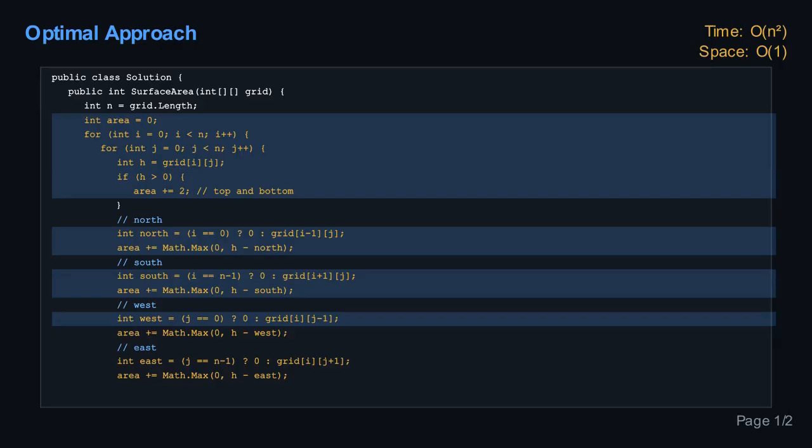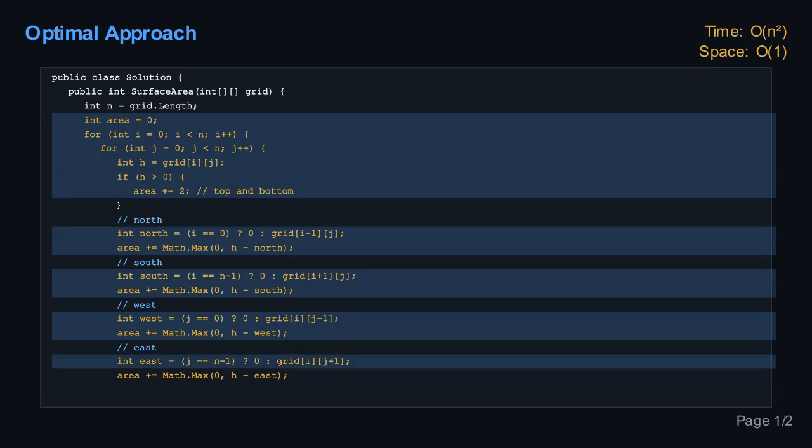We do the exact same logic for the south face. Check if i is the last row. If so, south neighbor height is 0. Otherwise, it's the height at grid position i+1, j. Again, we add the maximum of 0 or current height minus south neighbor height to total area. We repeat this pattern for the west and east faces. For west, if j is 0, west neighbor height is 0, otherwise it's grid at i, j-1.